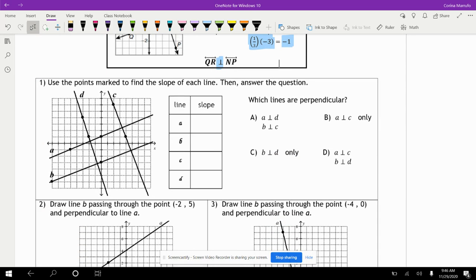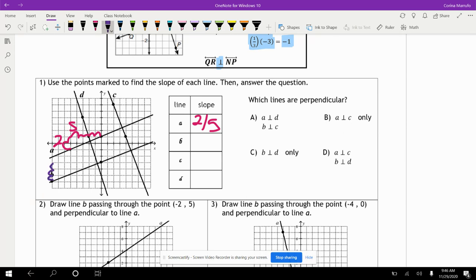It says use a points mark to find the slope of each line, then answer the question. So starting with line A, we're going to count the slope. It goes up 1, 2, and then the run is going to be 1, 2, 3, 4, and 5. So our slope for line A is 2/5. Then we have line B. So we count the slope.